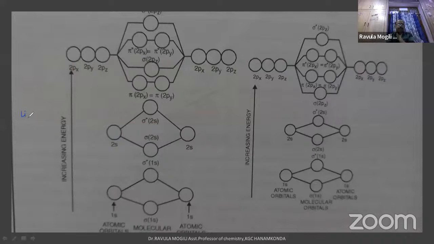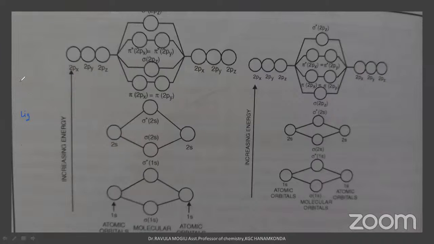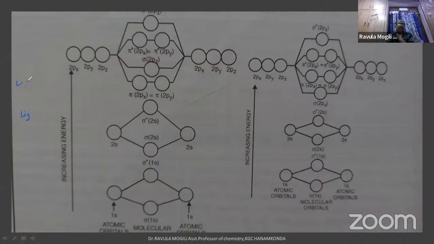Next one here, Li2. What about lithium 2? Lithium's electronic configuration is 1s2 2s1. So here 2 electrons are from the 1s orbital, 1 electron from the 2s orbital. Here there are 2 lithium atoms, similar to that.